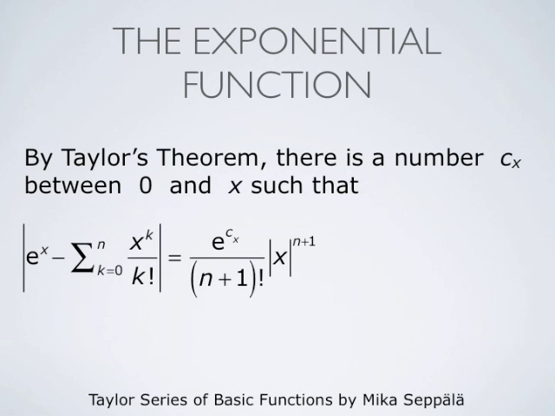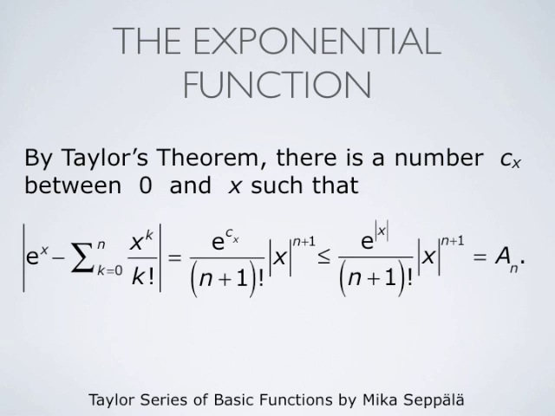Therefore, the absolute value of c_x is at most |x|. And this means that e to the power c_x is less than or equal to e to the power |x|. And therefore, this quantity is bounded above by the expression e to the power |x| divided by (n+1)! times |x| to the power n+1.